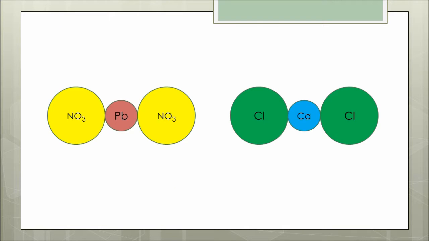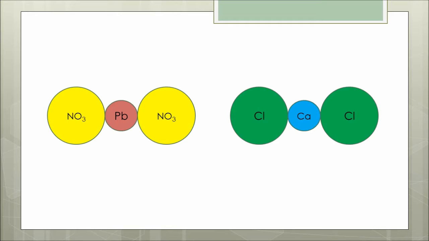Here is an animation. I have lead nitrate and calcium chloride. Both have divalent metal ions, and nitrate and chloride both have a valency of -1. If there is a chemical reaction, lead will change into lead chloride and calcium will change into calcium nitrate.